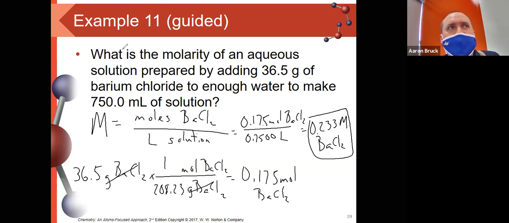If I just say that it's 0.233 molar, it's implied, but it's not explicit. And we need to be explicit. We need to be specific when it comes to solution concentrations. We want to make sure that we are identifying things correctly, especially when we have circumstances where we have multiple solutes present in the same solution. All right, any questions with example 11 here?